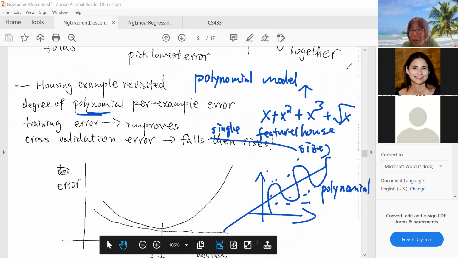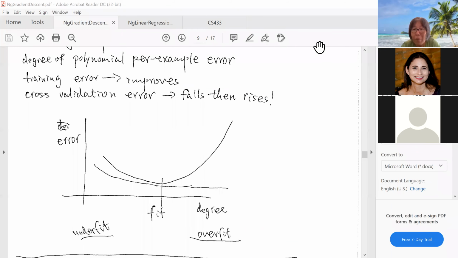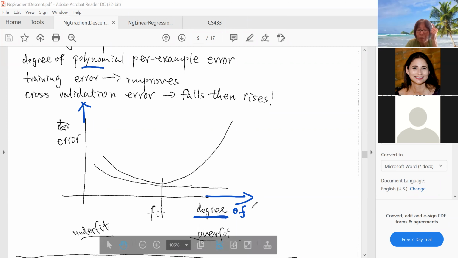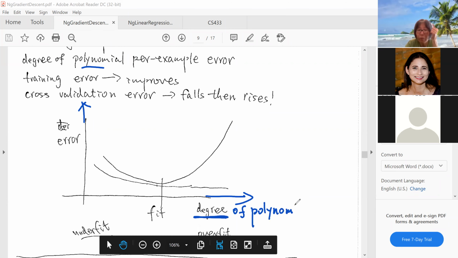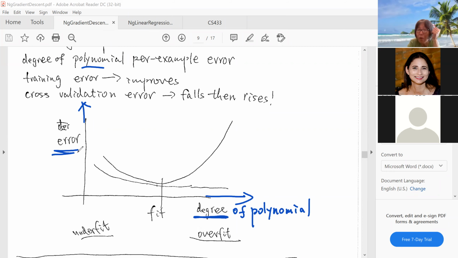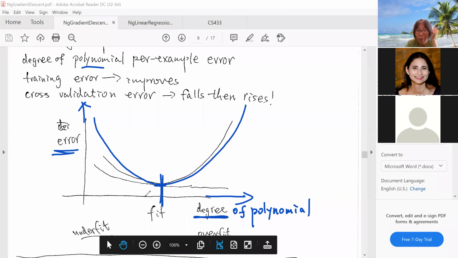It's not always the case, okay? Later on we will also see the relationship between the degree of the polynomial versus the error. You can clearly see it may follow this kind of trend, and this is considered the best fit.